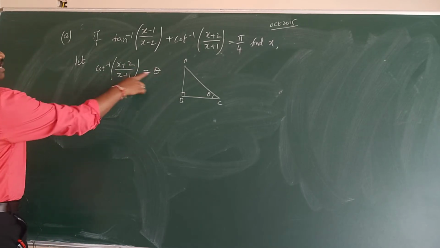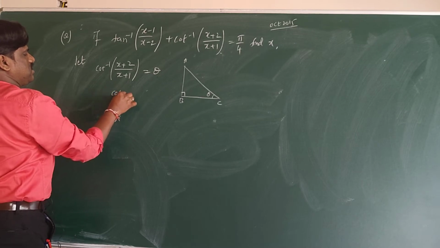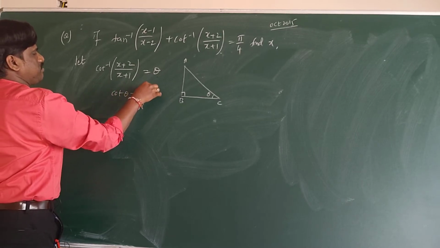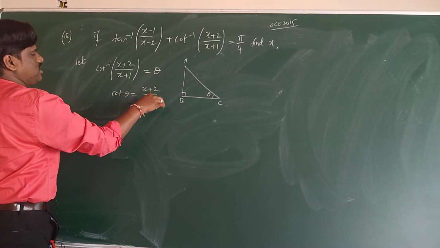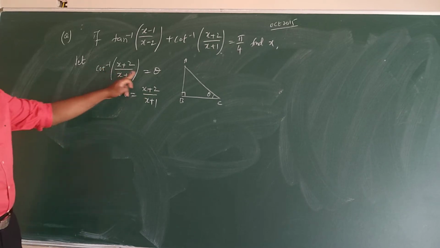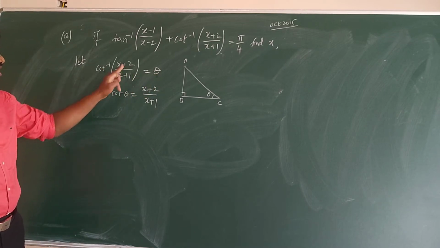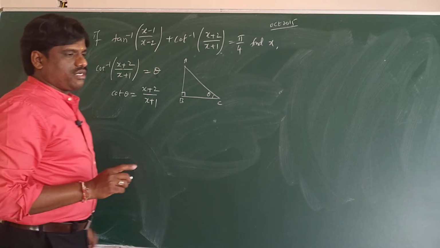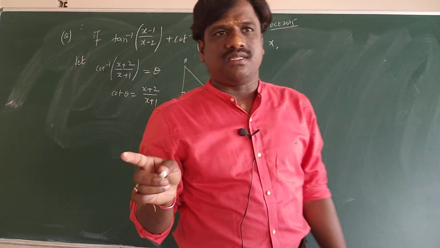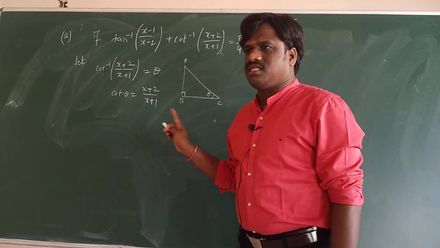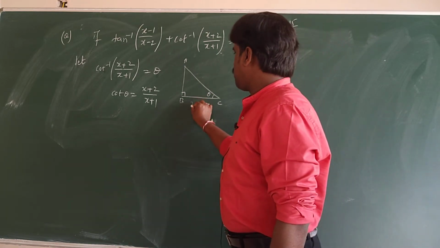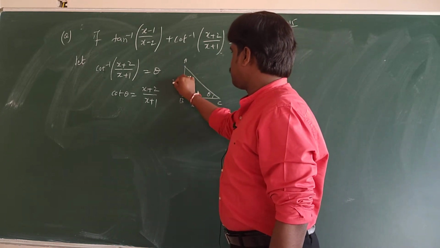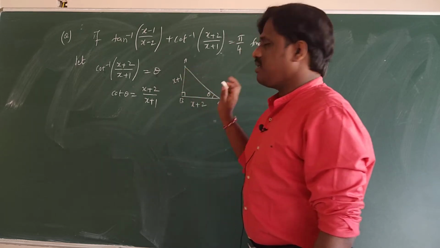So cot theta is equal to x plus 2 by x plus 1, since cot inverse goes to the other side. So here this side will be x plus 2 and this will be x plus 1 for theta.